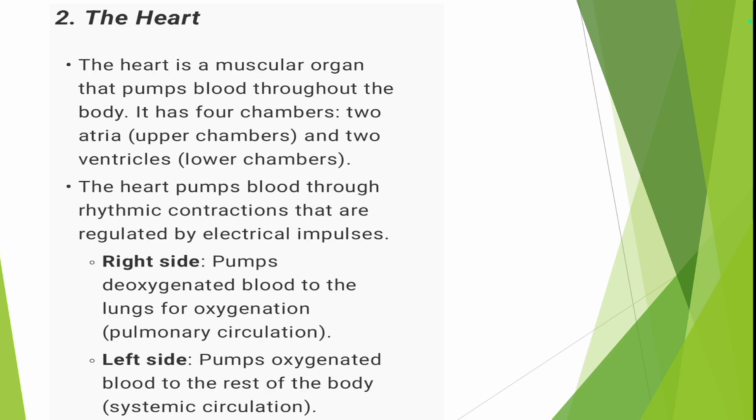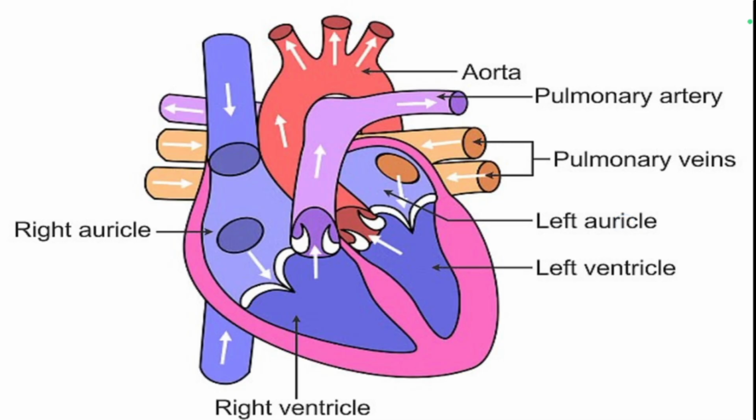Okay, then this is a heart, as you can see. It has four chambers: left ventricle, right ventricle, right atrium, and the left atrium. Atrium can also be called auricle.